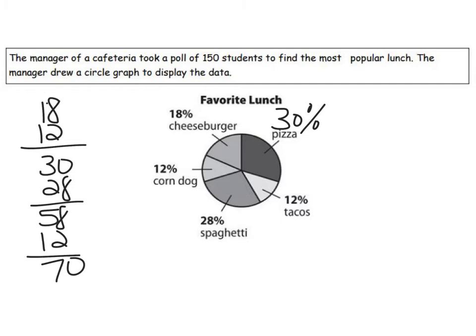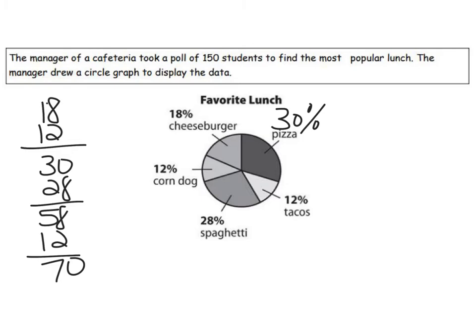Okay, so basically they'll give you the percentages, but they don't give you how many students are each. And that's basically what you're going to do. Because with bar graphs, they give you the numbers and you find the percents, right? With circle graphs, they give you the percents and you have to find the numbers. Now we're also making predictions.